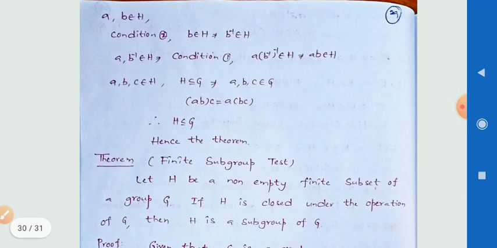Okay. Now a, b belong to H. By using condition 2, b belongs to H becomes b inverse belongs to H. Now I am taking a, b inverse belongs to H. By using condition 1, (a b inverse) whole inverse belongs to H, that is ab belongs to H. Similarly, a, b, c belong to H, H is a subset of G, then a, b, c belong to G, so (ab)c is equal to a(bc).